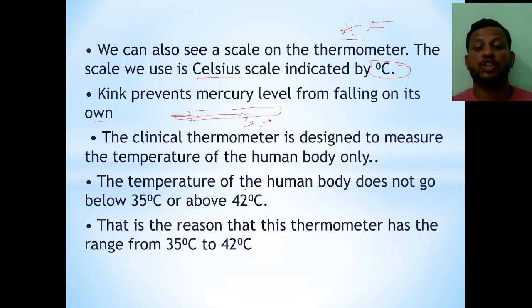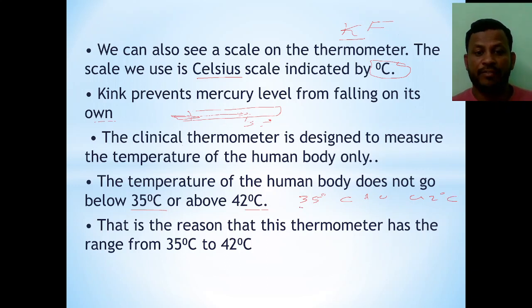The temperature of the human body does not go below 35 degrees Celsius or above 42 degrees Celsius. It means the body temperature lies between 35 and 42 degrees Celsius.